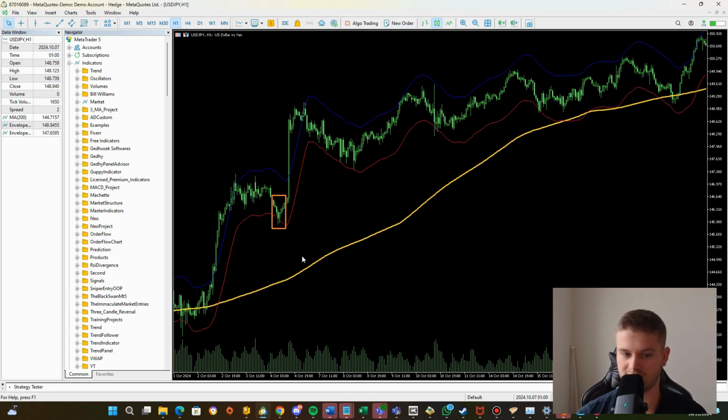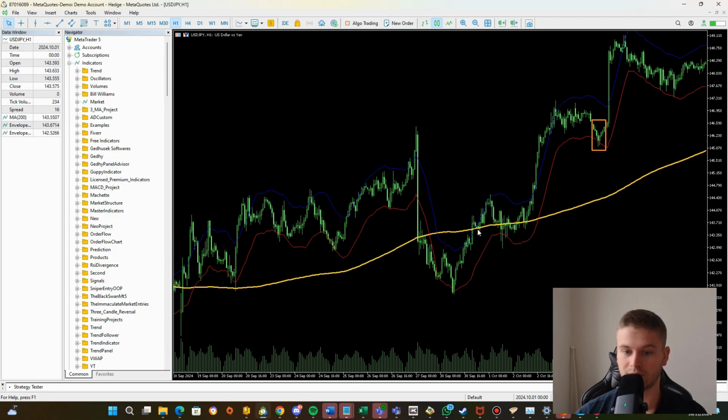For example, in this case, you can see that the moving average is here, the price is here, the lower envelope is here, and neither the price nor the lower band of the envelope touches the moving average. Therefore, this is an uptrend.